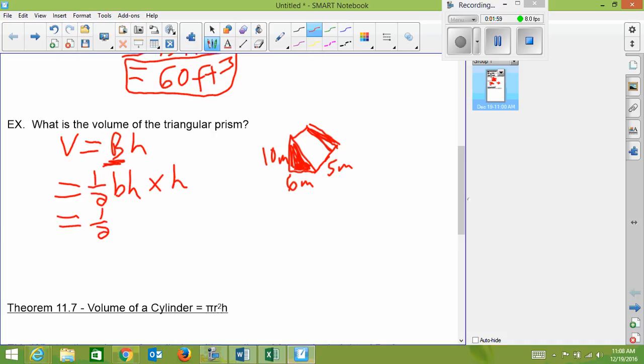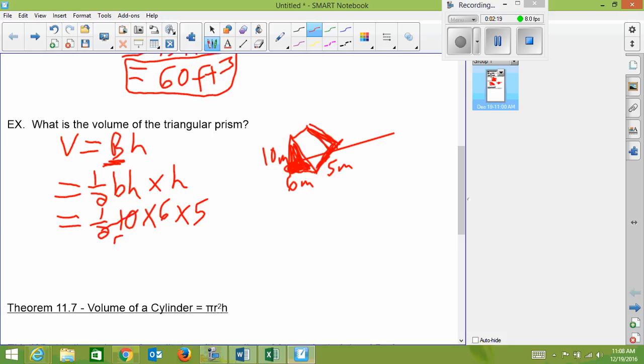So this corner right here is a right angle. That triangle then is 10 by 6, and then times 5, which is the height of the whole prism.